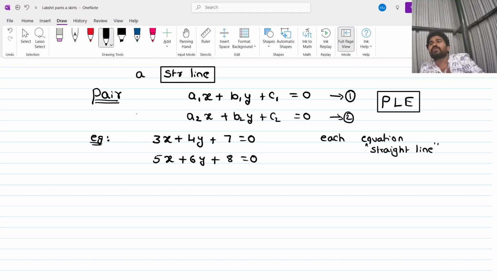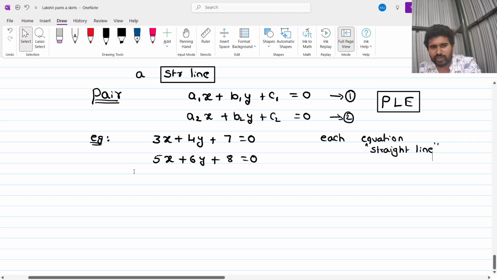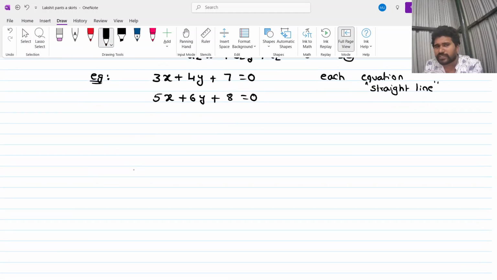I want to see that straight line, meaning I want to draw that straight line. Clear that now? Before drawing that, I want to discuss something. You said these two equations will represent two straight lines.